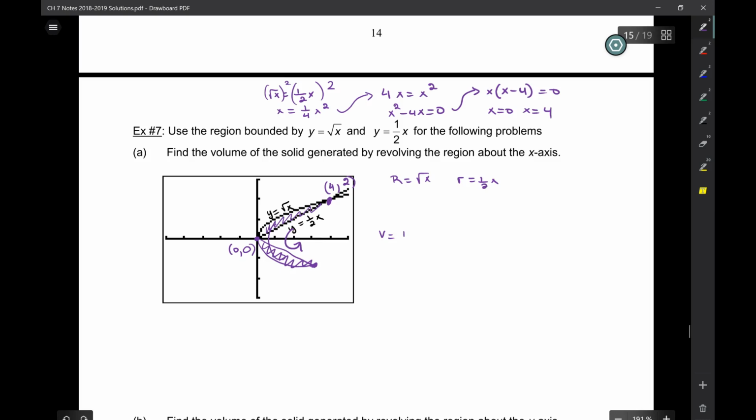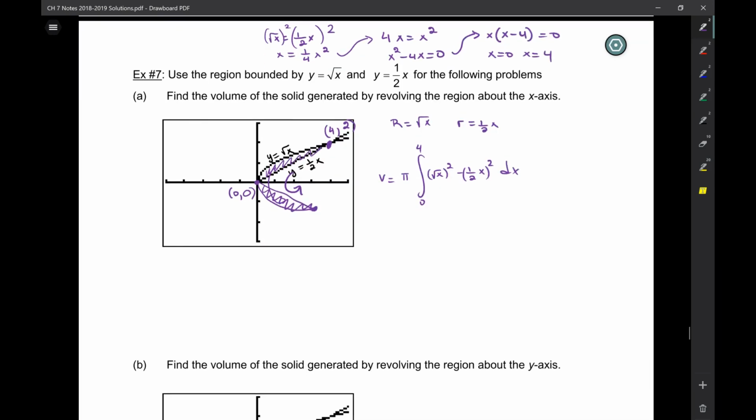So volume is pi times the integral of big R squared minus little r squared, from 0 to 4, from x is 0 to x is 4, dx. Remember, dx, x equals a, x equals b. Okay, you got to be consistent. We put this in the calculator, and remember the pi there, and so that's going to turn out to be 8.378.